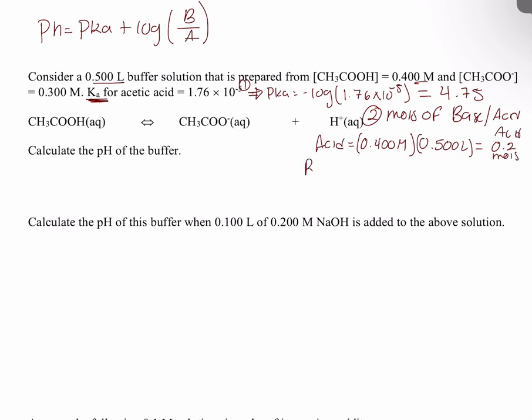And then for the base, and we know this is a base because it has a negative charge right there. So yeah, it's going to be 0.300 molar times 0.500 liters. 0.300 times 0.500, we have 0.15 moles of the base.